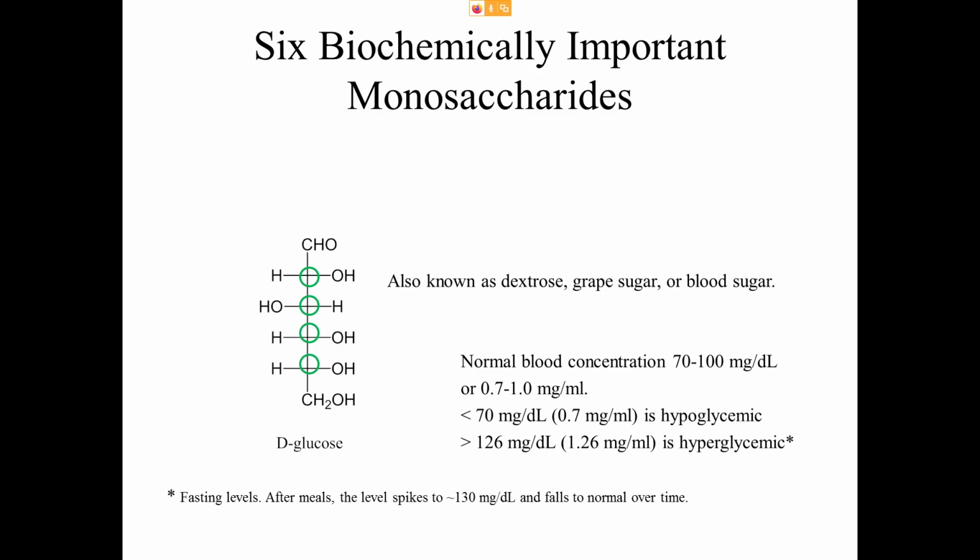Now it does vary depending on what you're doing. Immediately after you eat something, especially if it contains an appropriate amount of carbohydrates, your blood glucose concentration will spike, up to roughly 130 or so, and then gradually fall over time as your body releases insulin and absorbs the sugar from the blood. When you're taking someone's blood glucose, whether through an arterial stick, which is sort of painful, or just in a regular vein, which is not so painful, although children will disagree with you, you have to remember: did this person just eat?